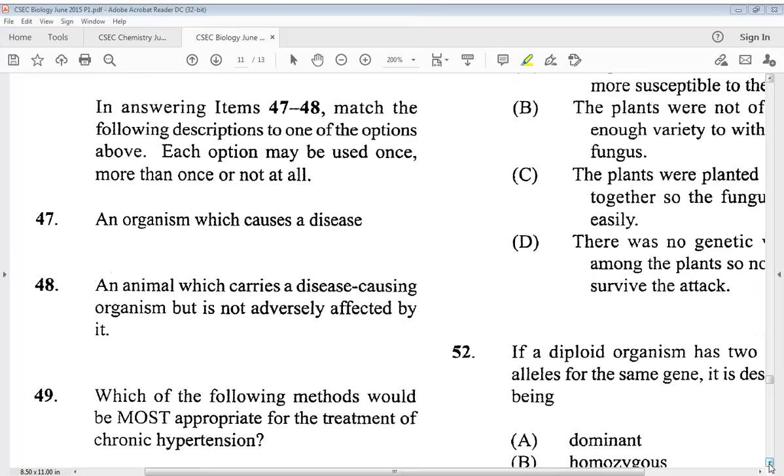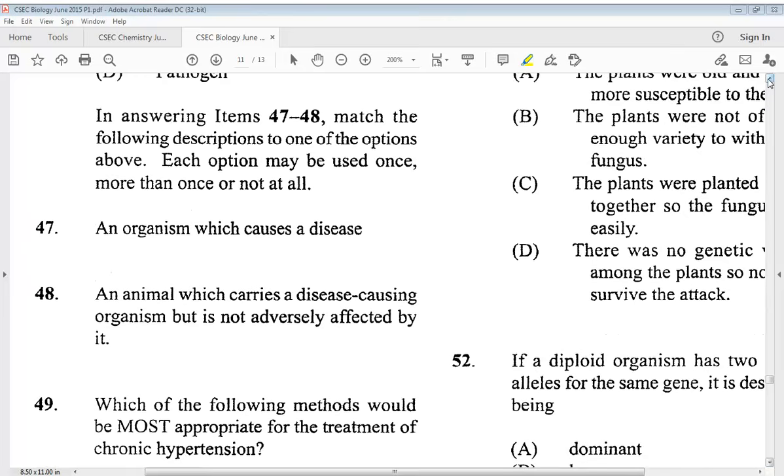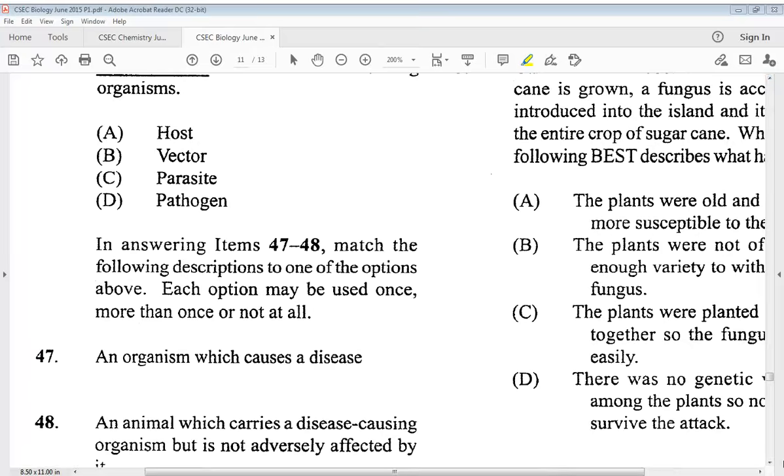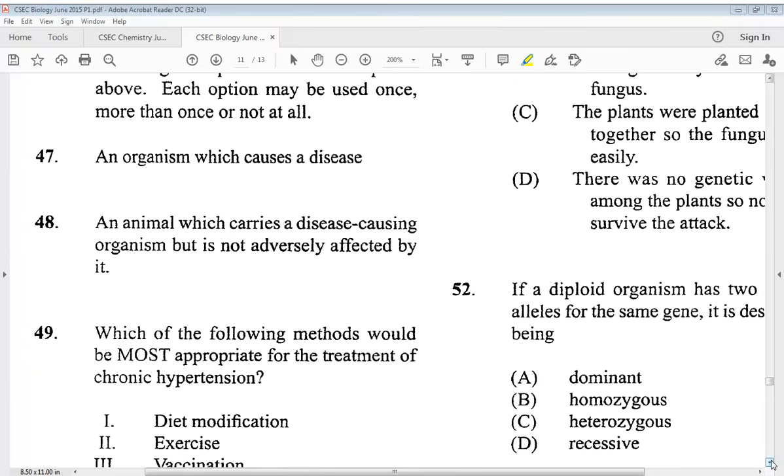49 says, which of the following methods would be most appropriate for the treatment of chronic hypertension? The answer for 49 is A, host. 49. I made an error there.